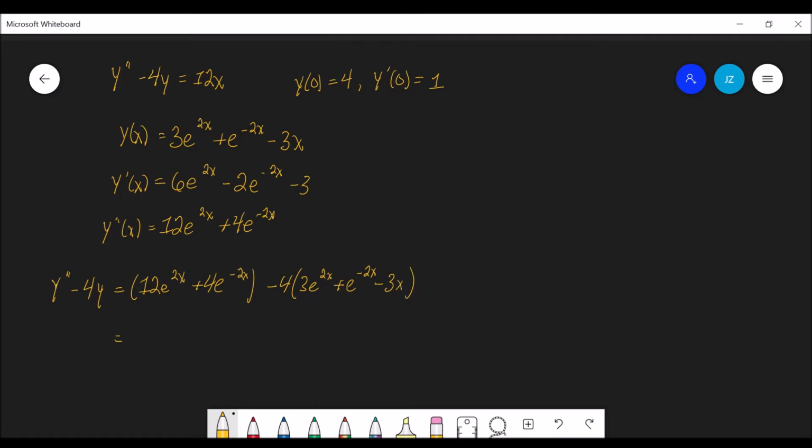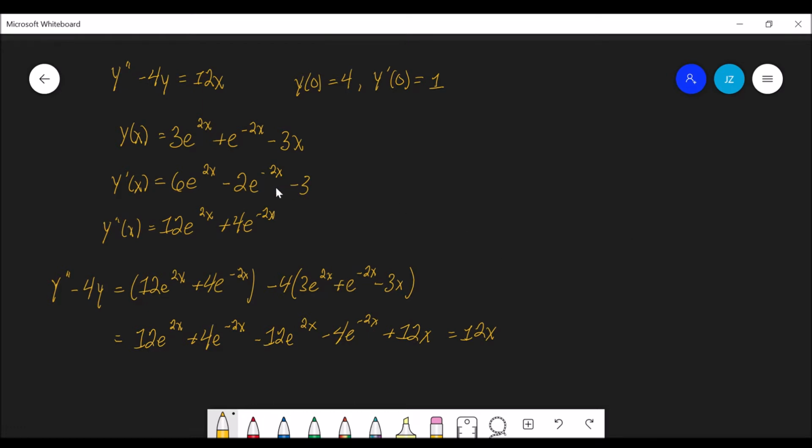So this equals 12e^(2x) plus 4e^(-2x) minus 12e^(2x) minus 4e^(-2x) plus 12x, which is equal to 12x.